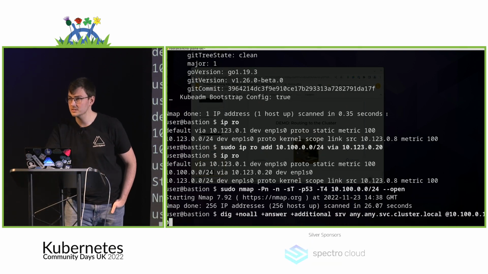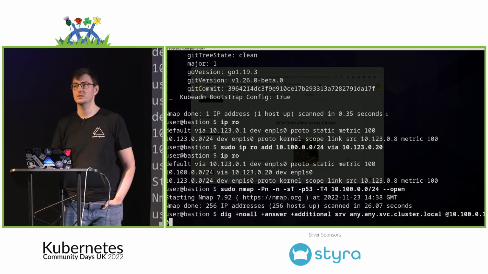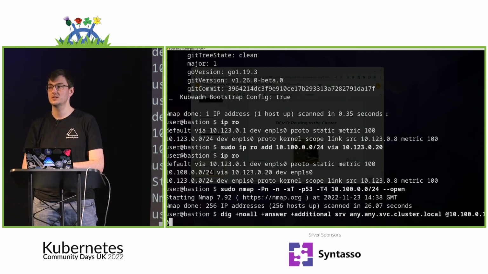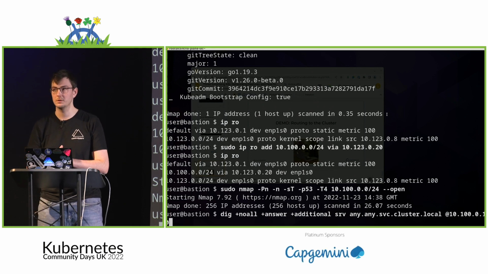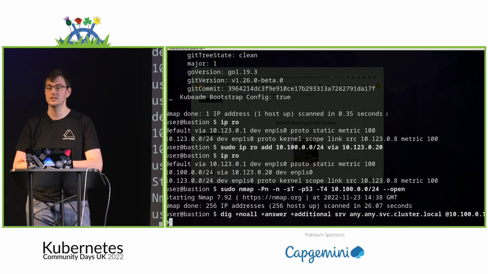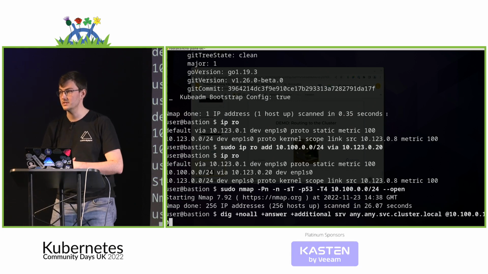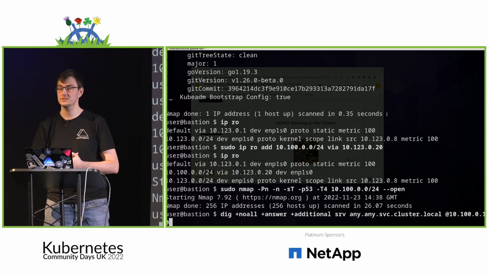Not quite sure why that isn't scanning, but what we can do is, we know that we should be able to find that the CoreDNS service is listening on a very specific IP address.